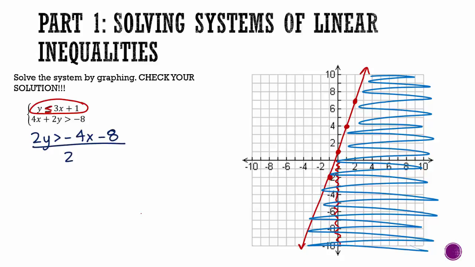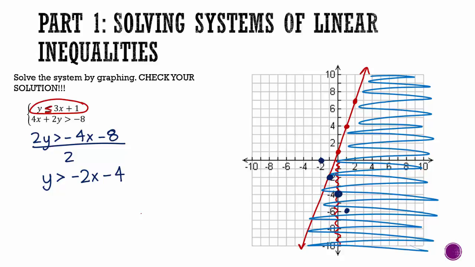And if I divide everything by 2, what I'm going to graph is y is greater than negative 2x minus 4. So down here at negative 4, and then I'm going to go down 1, 2 over 1, or you can go up 2, backwards 1. And remember, we used to care about this point where they cross, but since we're doing inequalities, we really don't anymore.